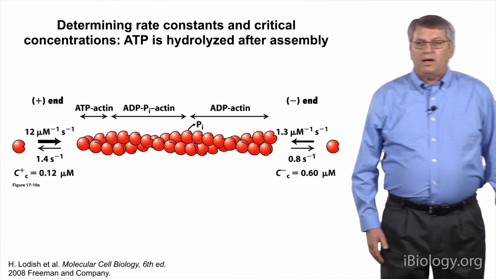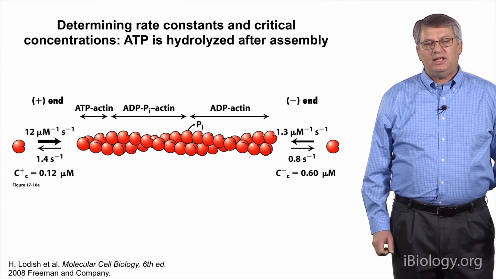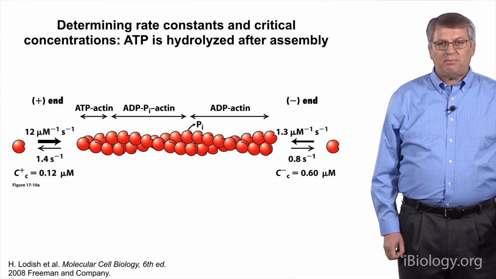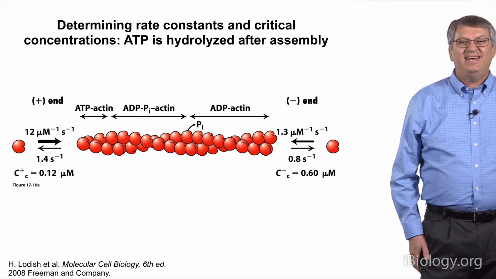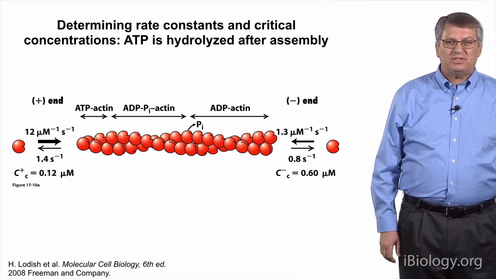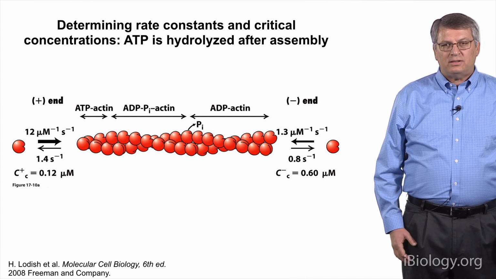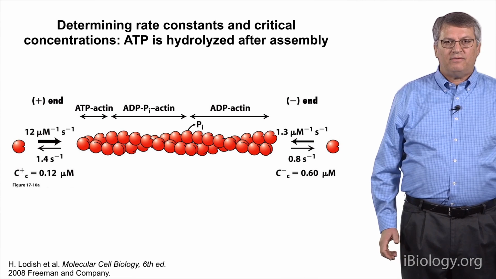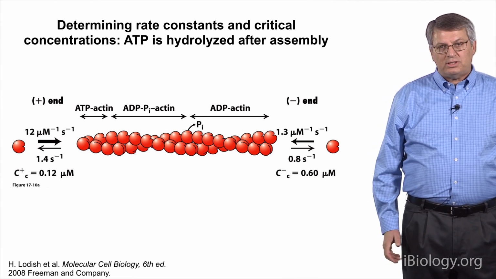And so Tom Pollard did a sort of heroic effort in which he measured the assembly and disassembly rate constants for the ATP and the ADP actin monomers as they assemble on actin filaments. And from this very detailed analysis of the physical properties, assembly and disassembly of the actin filament, we learned some important things.